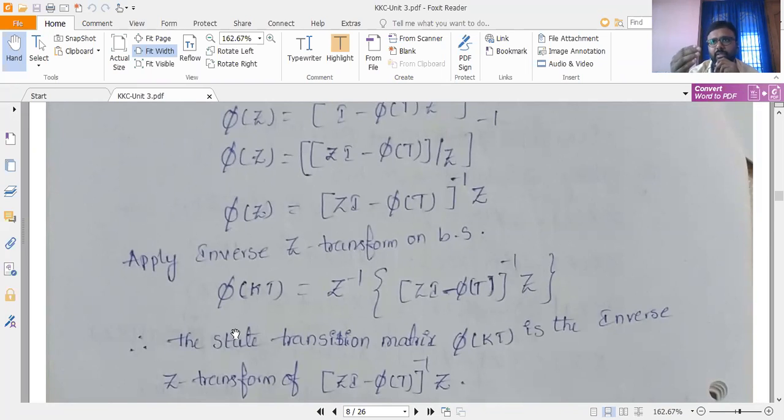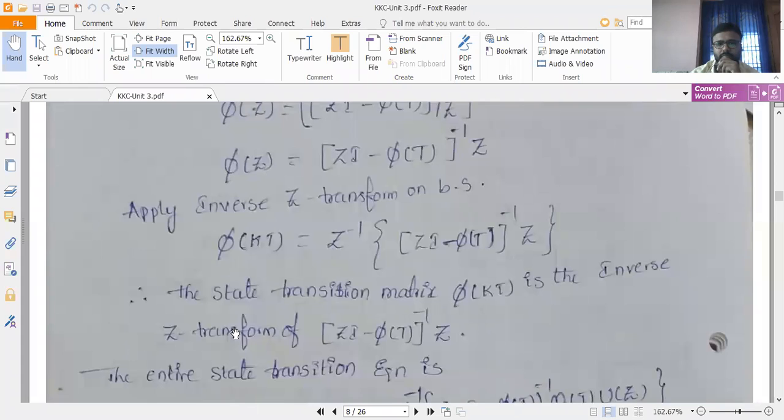In this class we have derived the expression for the state transition matrix for the discrete data systems in connection with sample and hold devices, that is φ(kT). φ(kT) is equal to Z inverse of (zI minus φ(T)) inverse into z. This is the state transition matrix for the discrete data system in connection with the sample and hold devices.